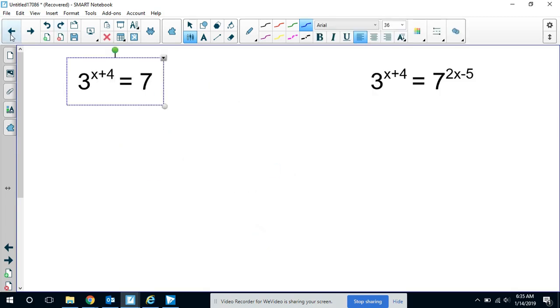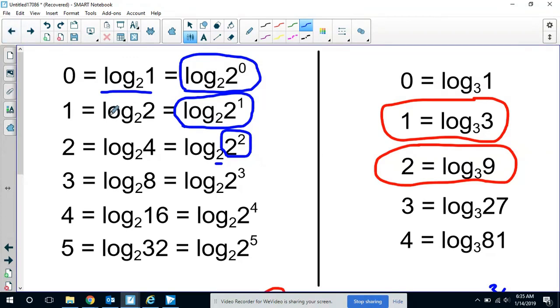Notice that if I have log base 2 of 2, that's 1. Log base 3 of 3, that's 1. So that's something that we might want to notice as we get going here.